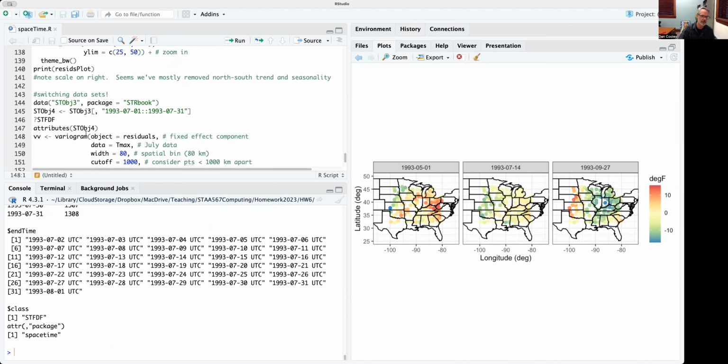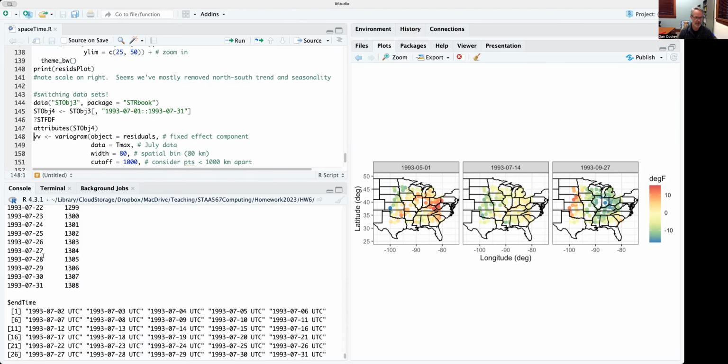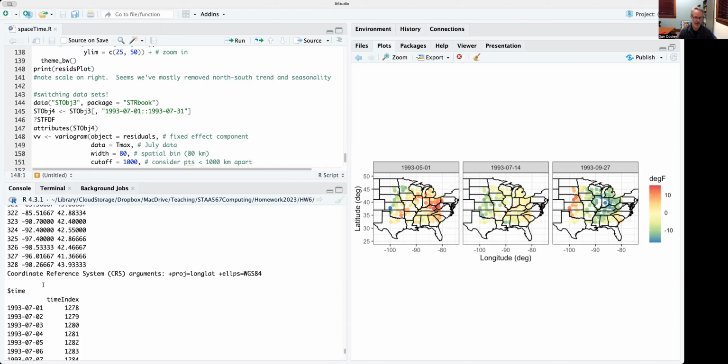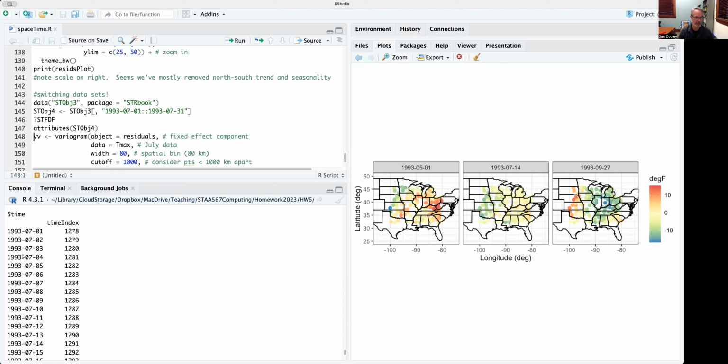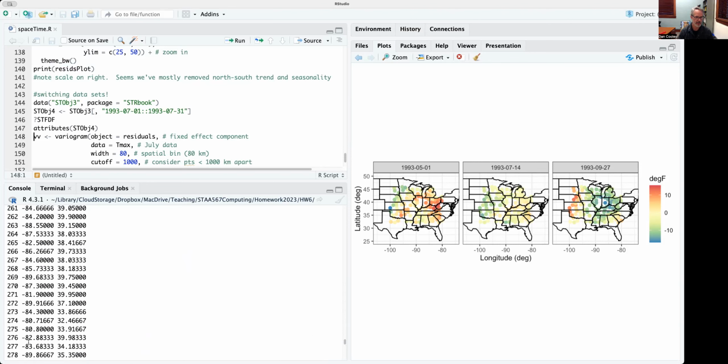This stobj4 R object is of class STFDF. So this is a specific type of class designed to work with space-time data. If I look at the attributes of this object, it has something called time. So we're going to be looking at the times in July. It's got locations.